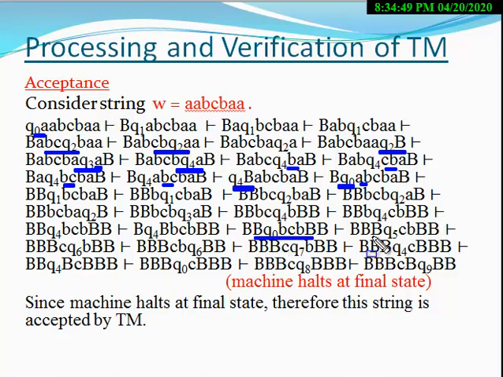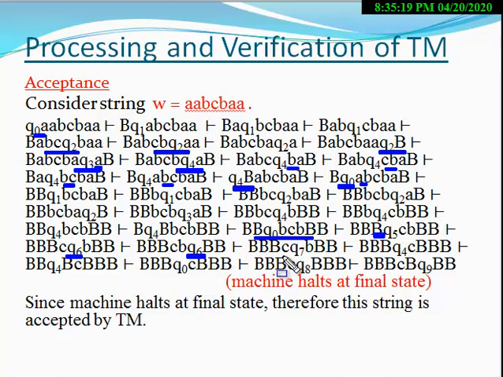Now at the Q5, when C appears, the machine changes its state from Q5 to Q6, right here. At Q6 state, the machine only moves in the right direction till it finds the capital B. Here it finds the capital B, therefore the machine returns to left.